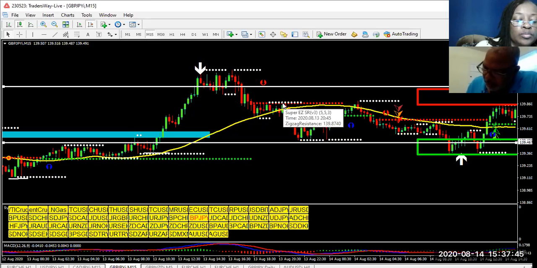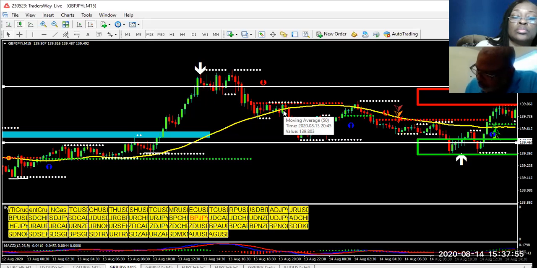Did the candle close below for sell, below the 50? Or did the candle close above the 50 for buy? I just got them mixed up.